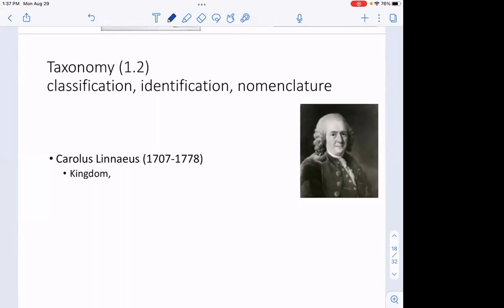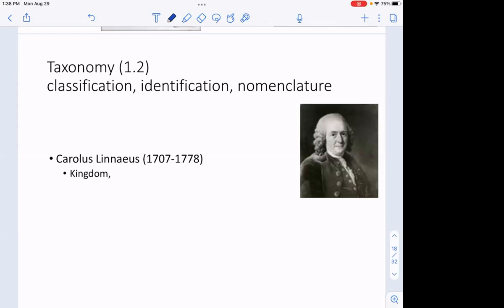And the next section gets into taxonomy. So I got another name of somebody that was an important figure in helping us to organize, what we call the father of taxonomy.